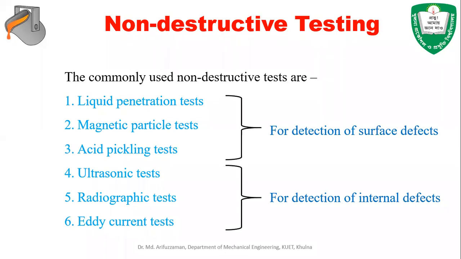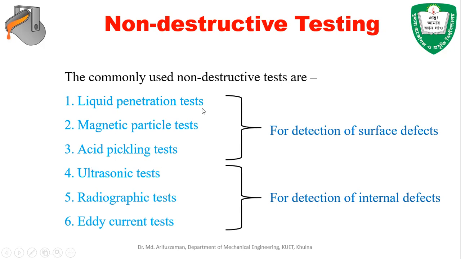If there is an internal defect in any material and there is no defect on the surface, in that case you need to use the 4th, 5th and 6th techniques. And for the surface or subsurface defects, you have to use liquid penetration and acid pickling.